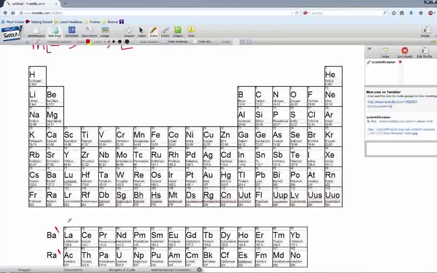You can label their individual orbitals like so: -3, -2, -1, 0, +1, +2, +3, -3, -2, -1, 0, +1, +2, +3.